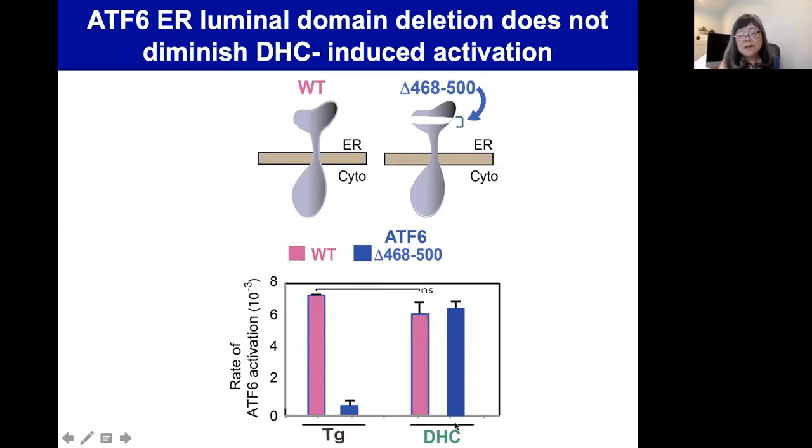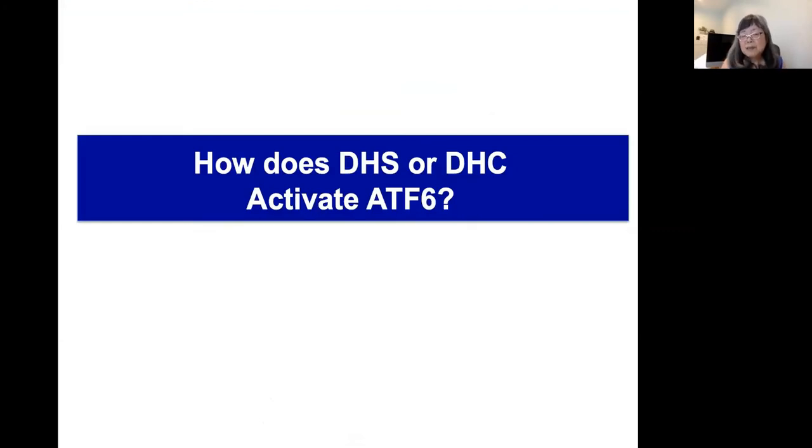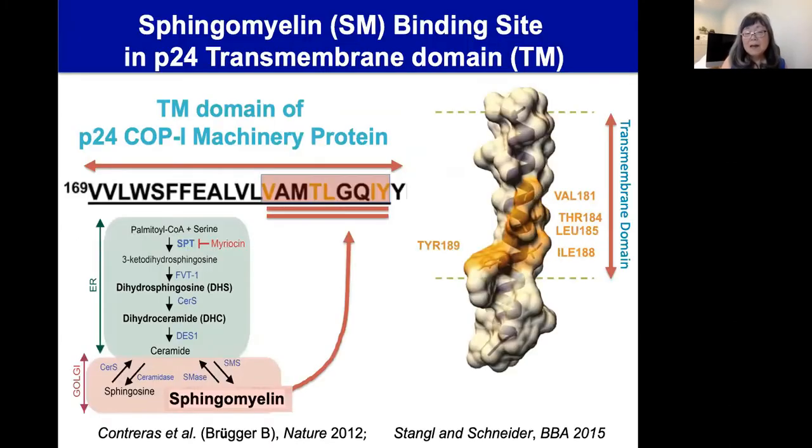So together, those experiments started to suggest that maybe it's not the ER luminal, so-called ER stress sensor domain that is important, but perhaps the transmembrane domain of ATF6 is somehow recognizing DHS or DHC levels. When we were looking for sphingolipid binding motifs, we found this very beautiful work on the p24 COPI machinery protein.